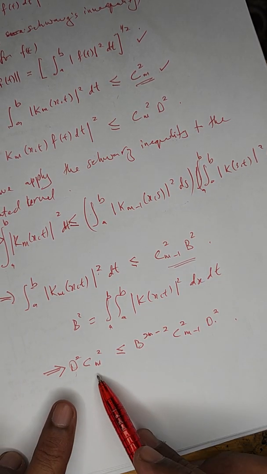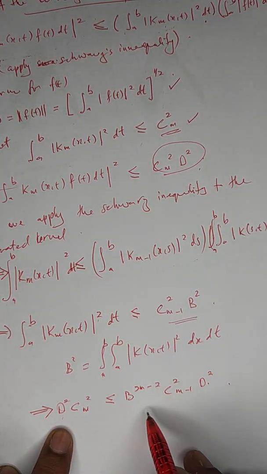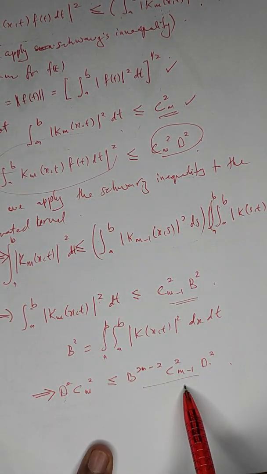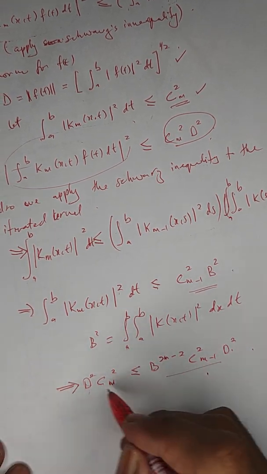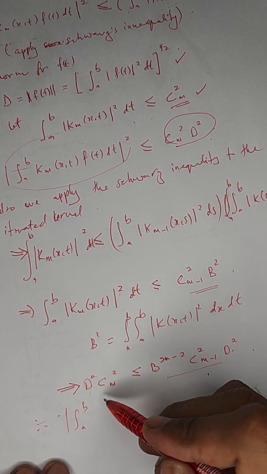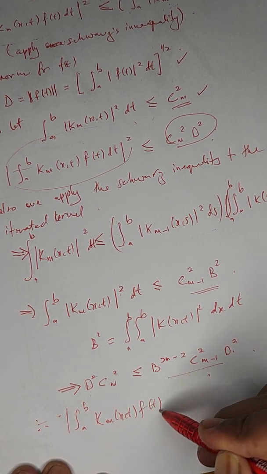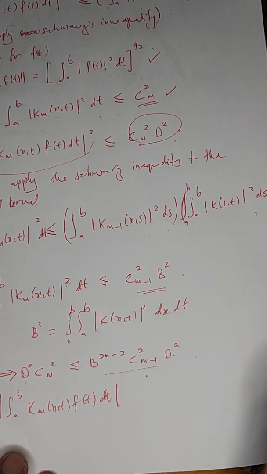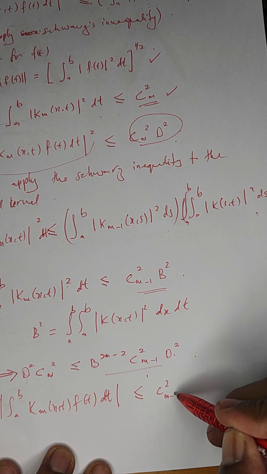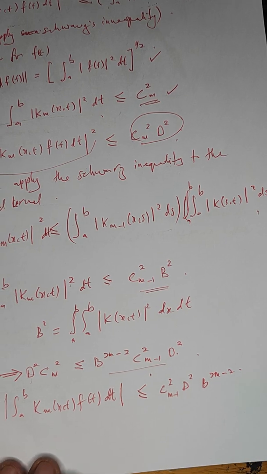Therefore d squared c_m squared, which is this, is less than that. So the integral from a to b of k_m(x,t) f(t) dt is less than or equal to c squared c_{m-1} squared d squared b^(2m-2).